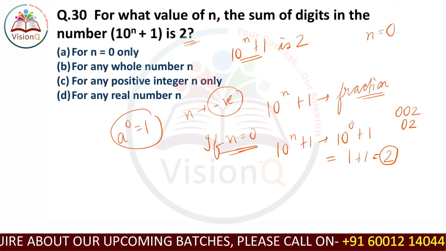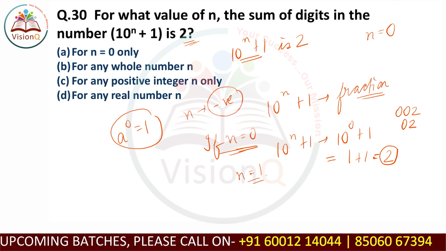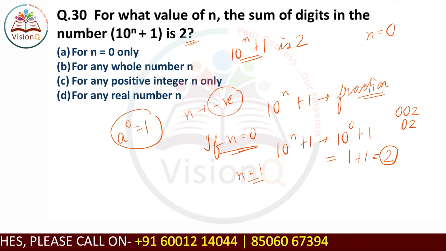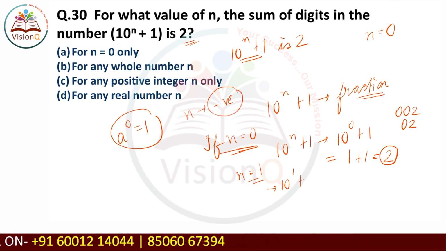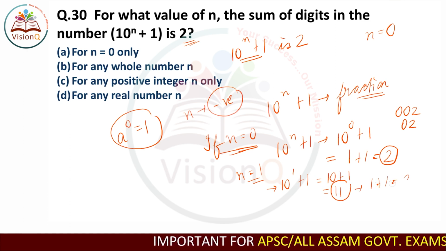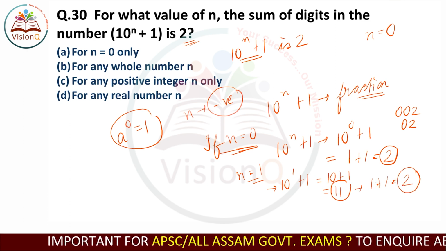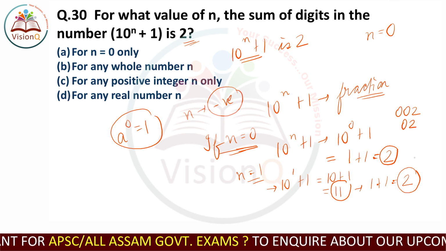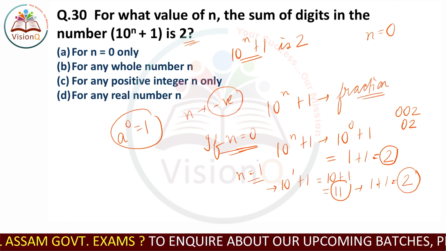Next, let me say if n equals 1, is it right or wrong? So 10 to the power 1 plus 1 becomes 10 plus 1, which is 11. And if I find the sum of digits in this number 11, I get 1 plus 1 equal to 2. So again the sum of digits is 2 if I take n equal to 1.